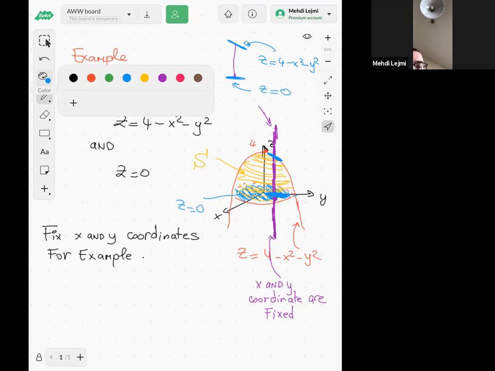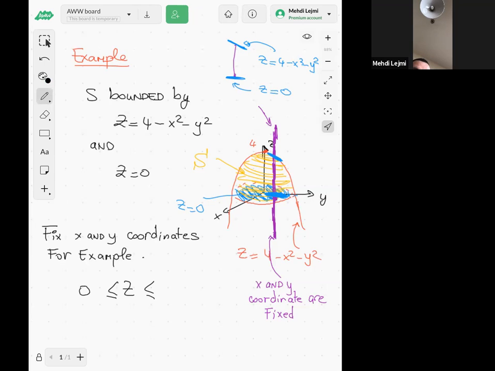So what I claim, or what I can deduce here, is that my z is between 0 and 4 minus x squared minus y squared. Does this make sense to you guys? If you decide to first fix the xy coordinates and then look for the bounds for z, you take a vertical line, which is going to cross your solid at this point here and this point here.